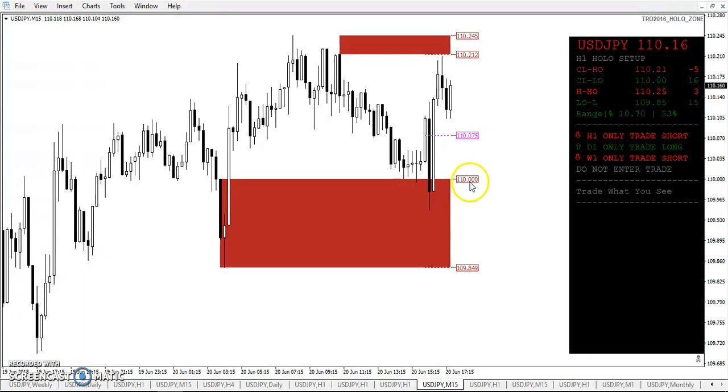And you can see here, the lowest open happened to be at 110 double O, or triple O if you want to count the points. And you can see what happens at that line. Then it almost hit the 110.25 psychological level, and you can see what happened from there.